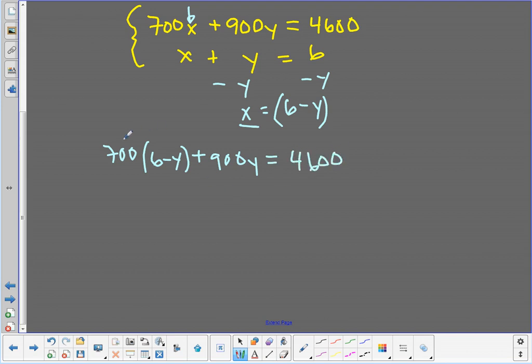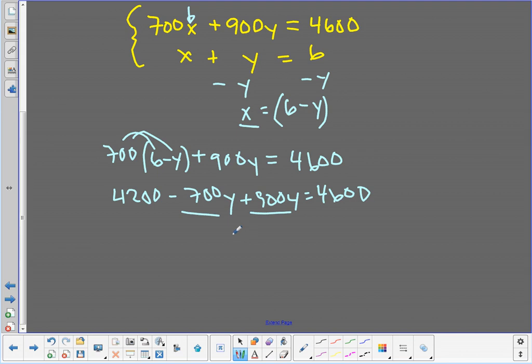All right, so distribute your 700. 700 times 6 is 4,200, minus 700y plus 900y is equal to 4,600. And then I can put my 2 y terms together. Negative 700 plus 900 is positive 200.